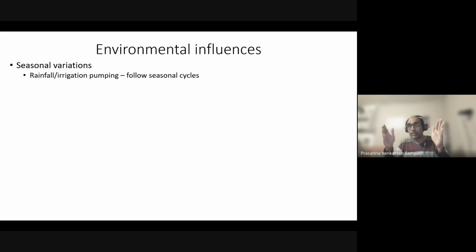In this duration, a lot of cultivation happens, so there is both rainfall coming in, which brings in recharge, and also irrigation pumping, which follows some kind of a seasonal cycle. So every year during the same time, there's a lot of pumping. Also, recharge is happening, and so on and so forth.